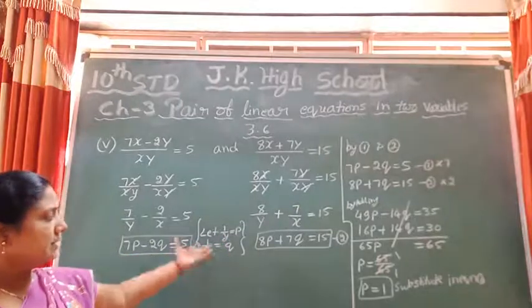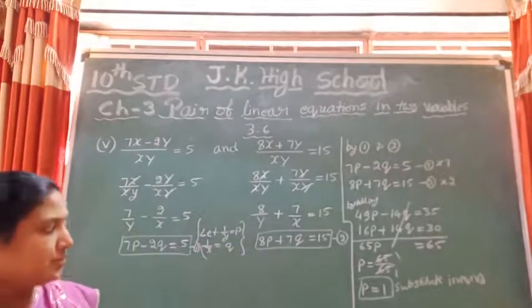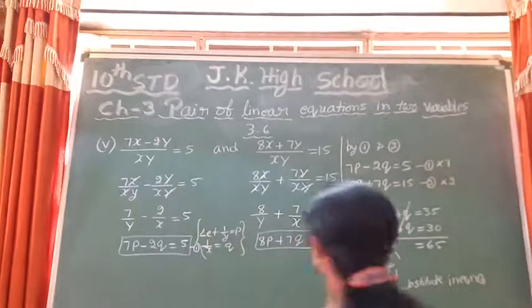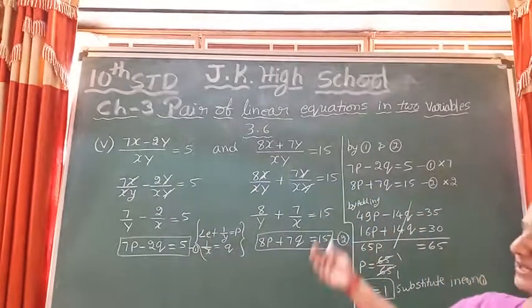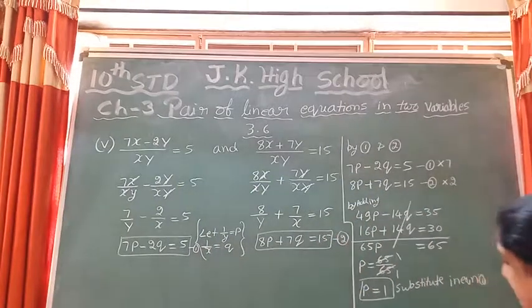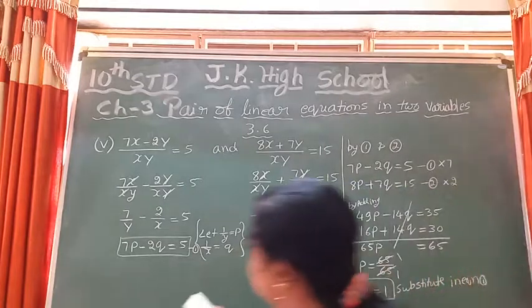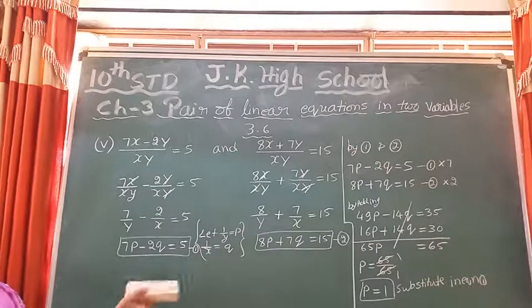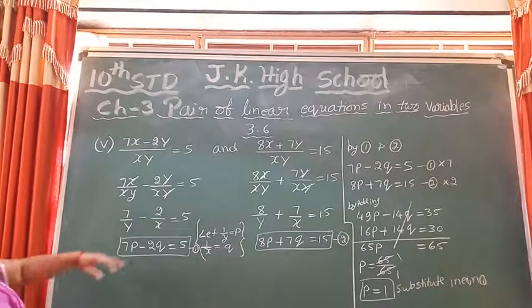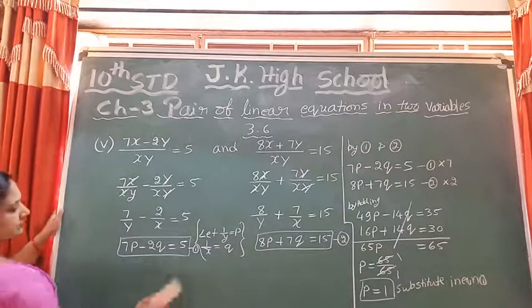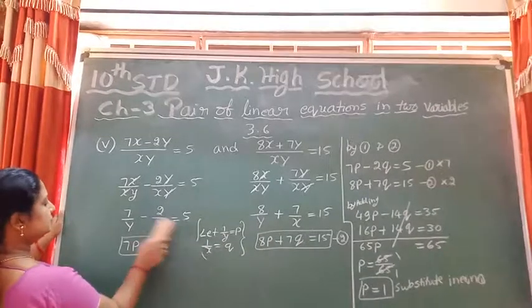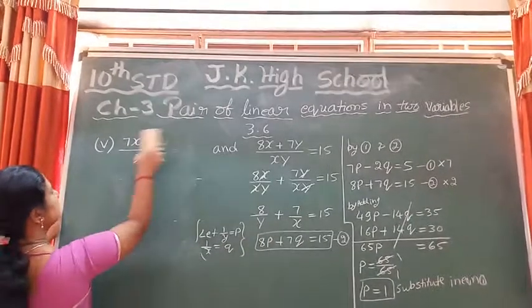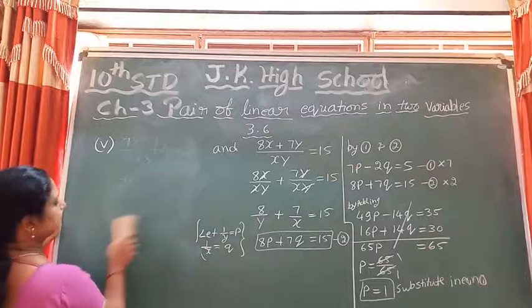So let 1 by y be equal to p. I can substitute here also, at a time I am going to substitute. Please children, copy down this much. Let me rub this much and continue.